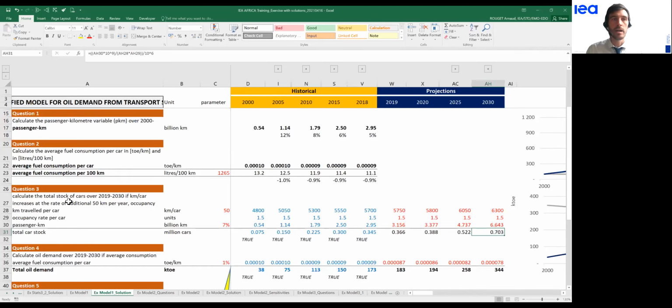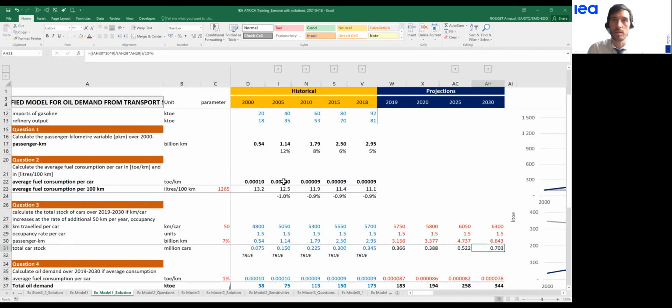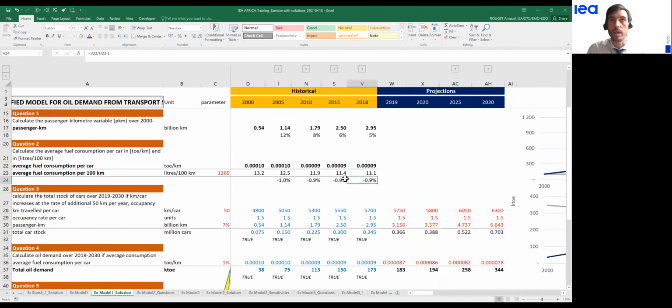And here we will also make projections based on the efficiency level of each car. So we have calculated how much oil one car is consuming on average. We have seen that there has been improvement over the years, that it has decreased, and again the average improvement rate was at 1% per year.